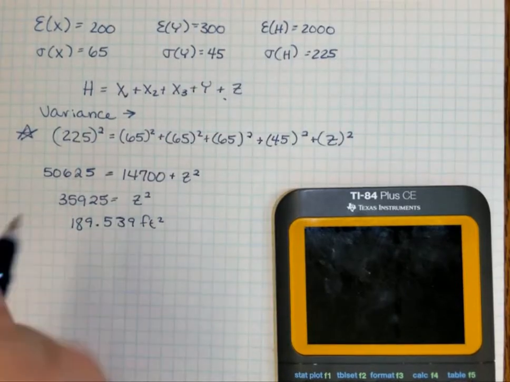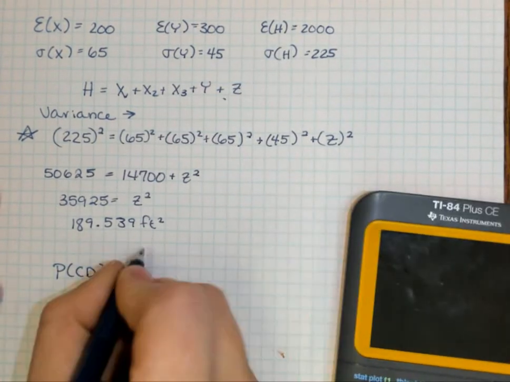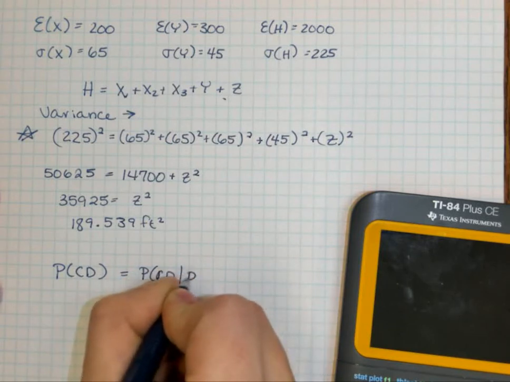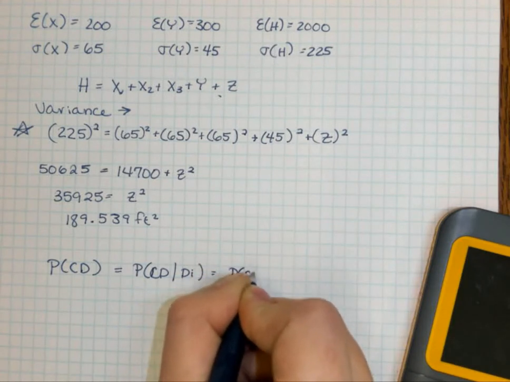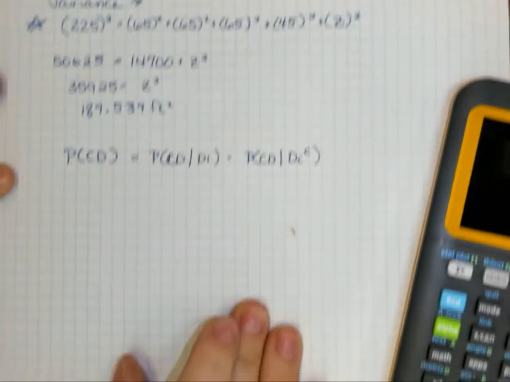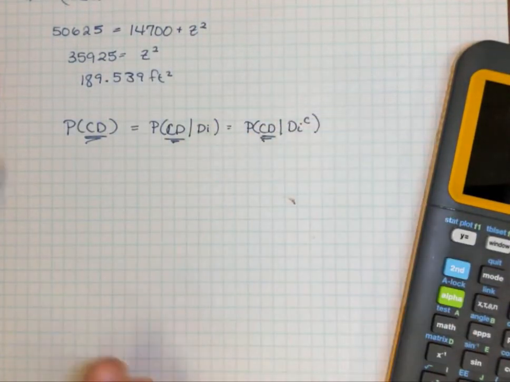So for this problem, I have to show the probability of a CD, and you compare it to anything else as long as the CD comes first. Given digital, or the probability of a CD given no digital. Okay? You have to make sure that first piece matches.